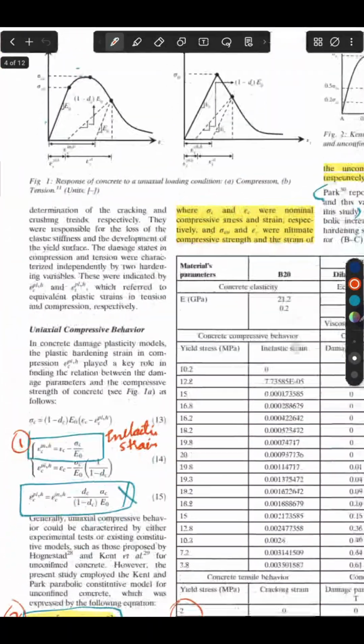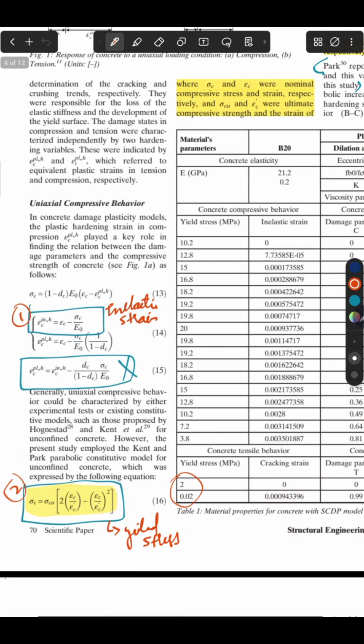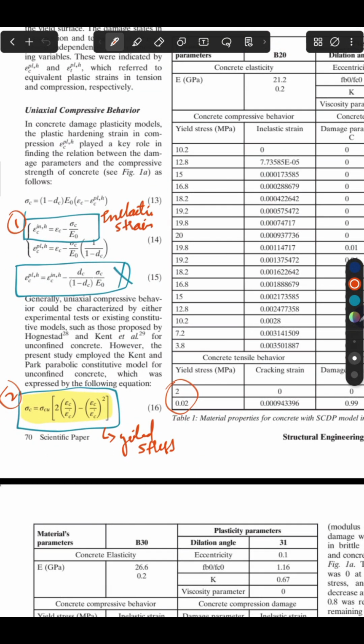So first understand the terms in the formula. Let's write the formula.